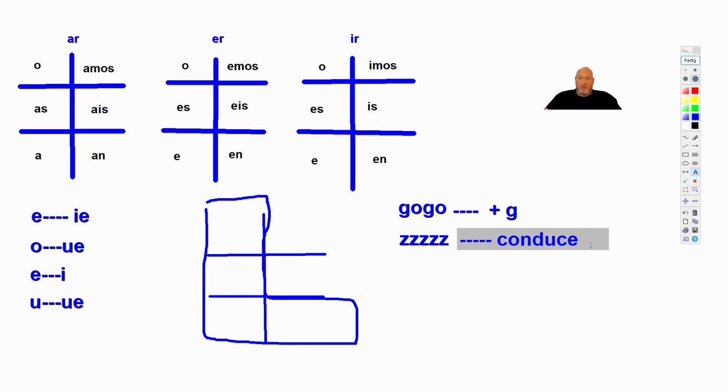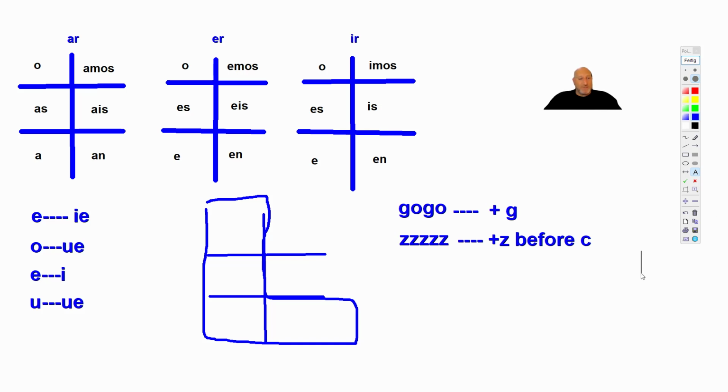Conduces, conduce, conducimos, and so on. More verbs like this. For example, the verb conocer, to know. If you want to say I know, you have to say conozco. Why? Because it's a Z verb. Only there. For the rest of the forms, conoces, conoce, conocemos, and so on. So these verbs add a Z before a C in the first person singular.